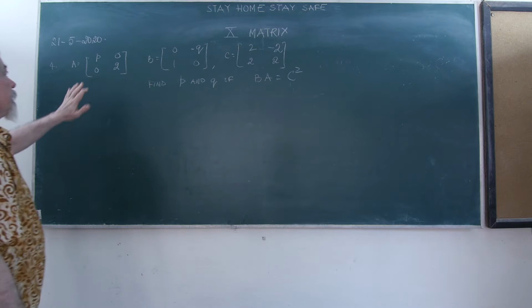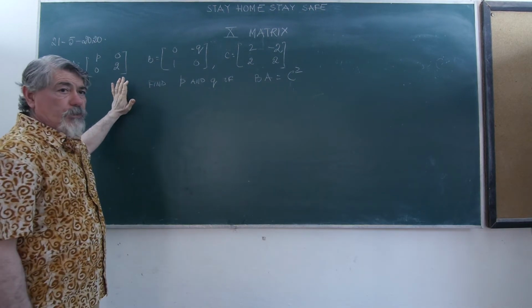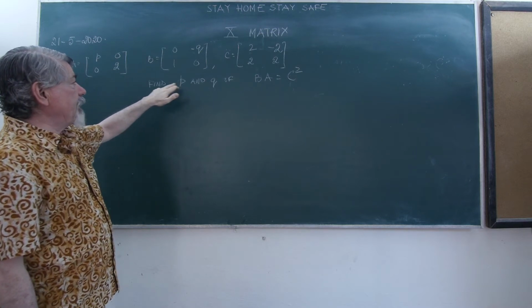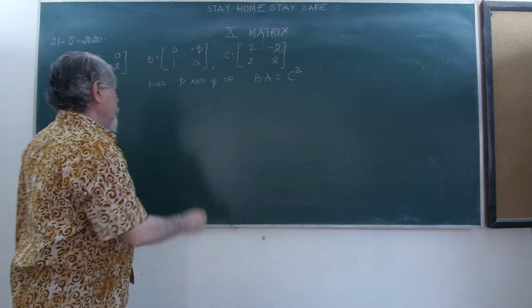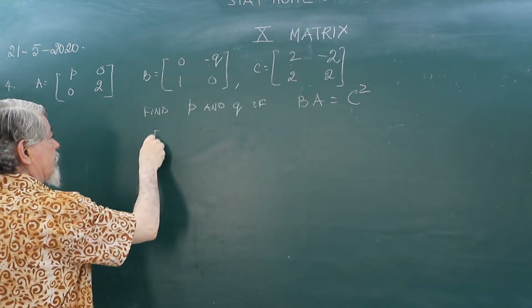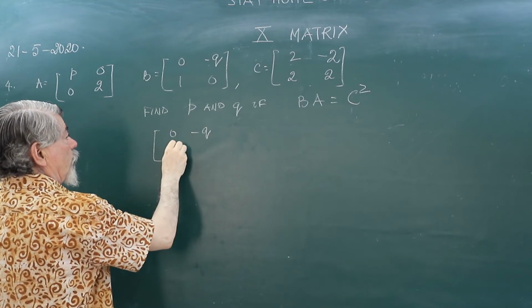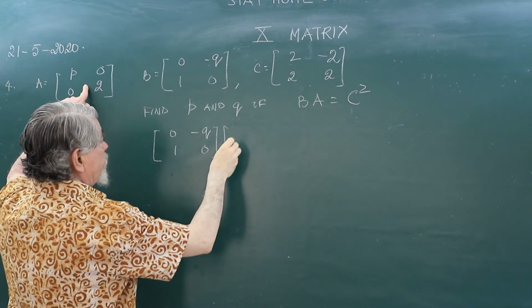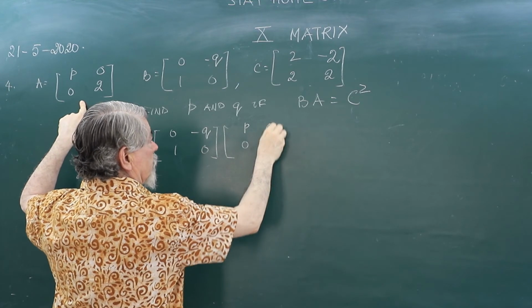Now next question is, he has given you 3 matrices of the same order, 2 into 2, and he wants you to find P and Q if BA is equal to C square. So BA is equal to C square means, let's write B first, 0 minus Q, 1, 0. Then A, P 0, 0, 2.